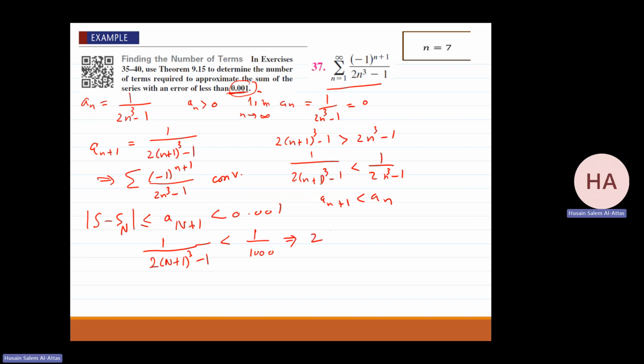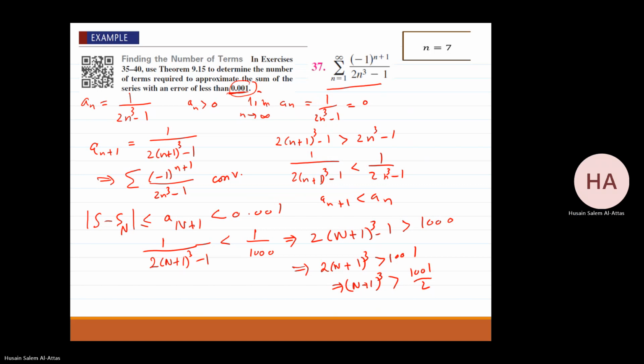That means I want 2(N+1) cubed minus 1 greater than 1000, so 2(N+1) cubed greater than 1001. So I need (N+1) cubed to be greater than 1001 over 2. Now I need to choose what my capital N will be.